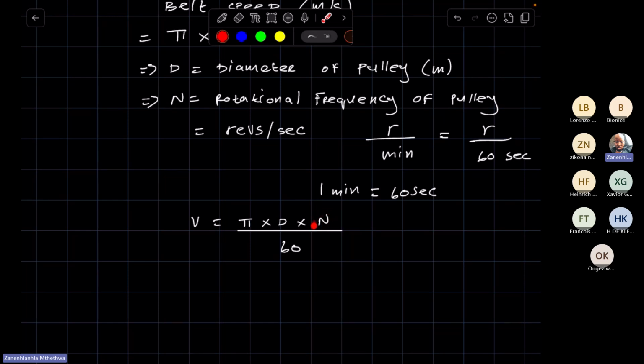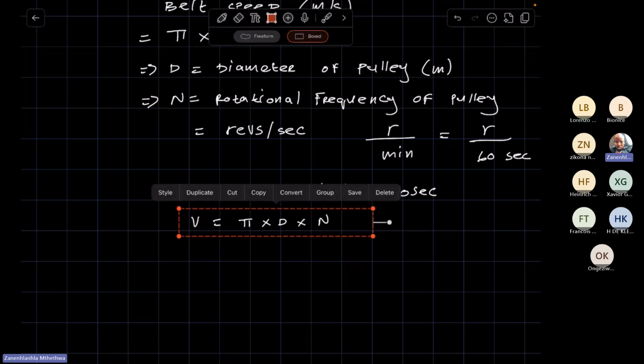But only if it has been given as revs per minute. If it has been given as revs per second, then you obviously don't need to do that. Are we clear?